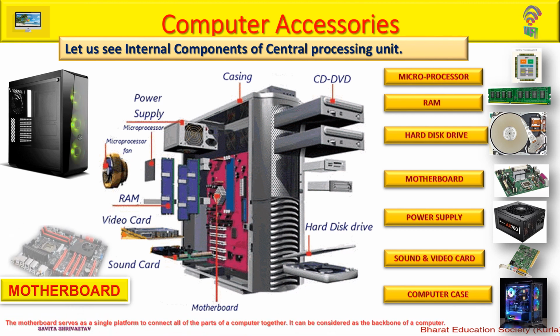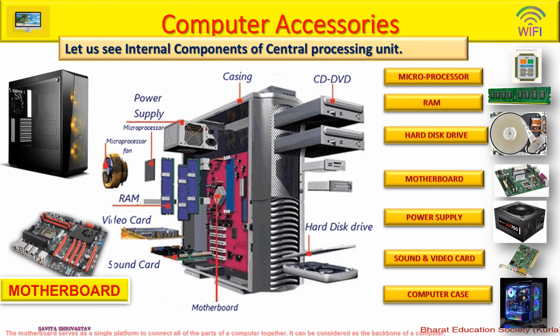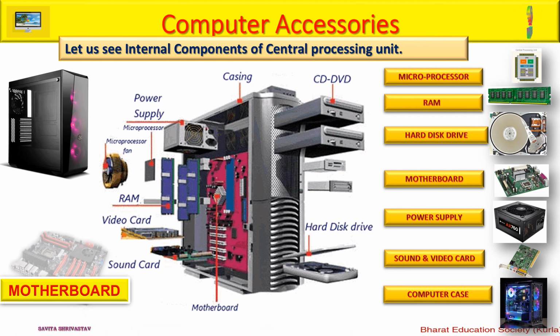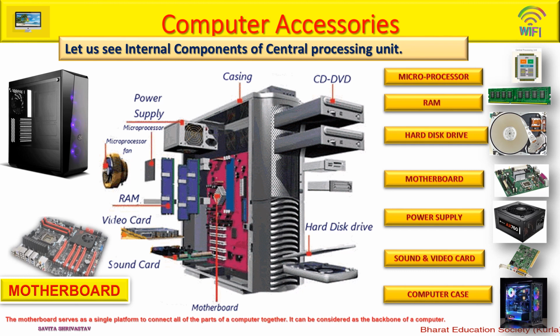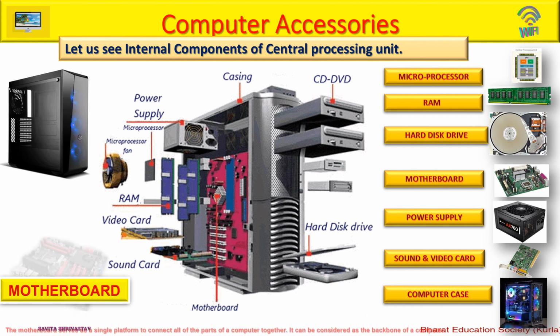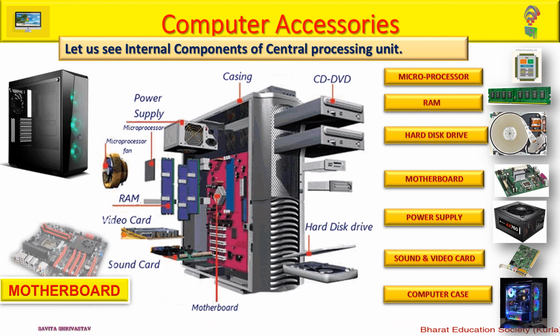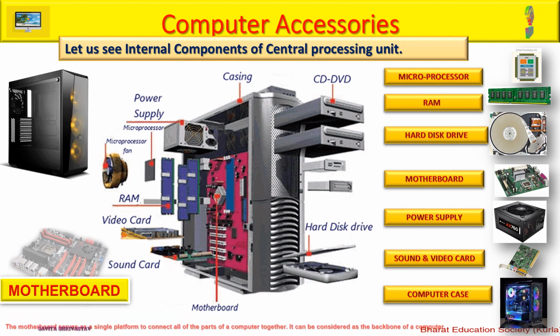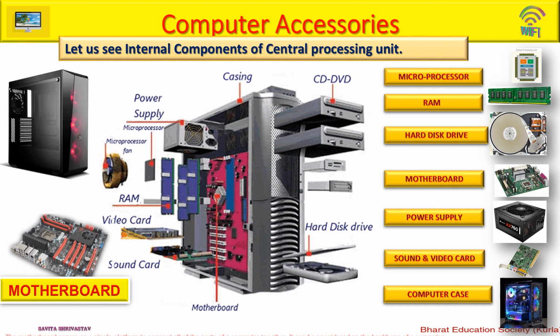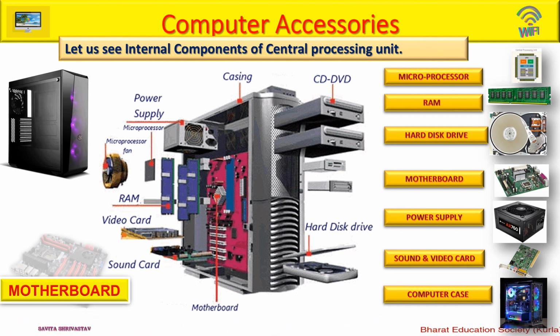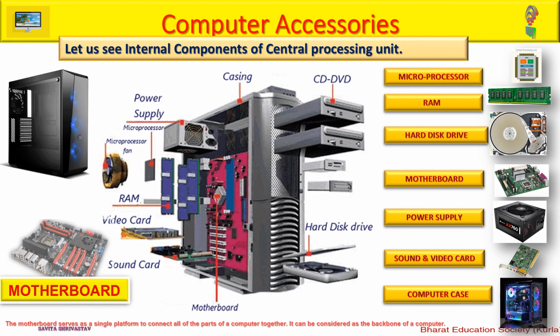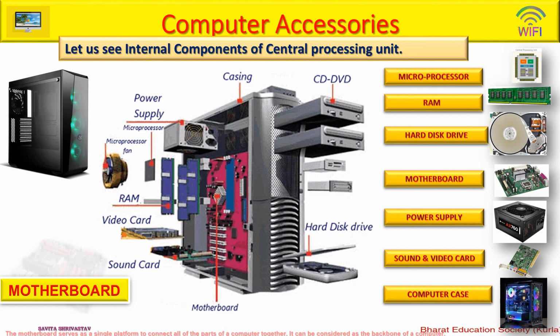It connects the CPU through memory, hard drive, optical drive, video card, sound card, and other ports and expansion cards directly via cables. It can be considered the backbone of a computer. So, these are the internal components of the central processing unit.